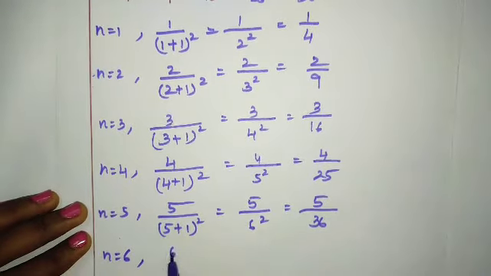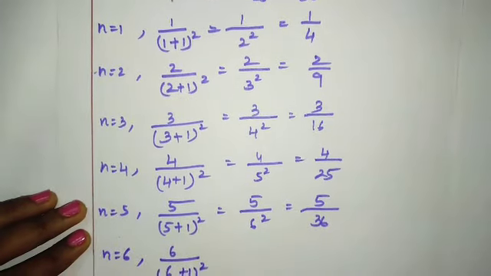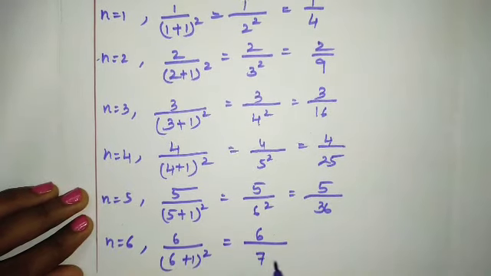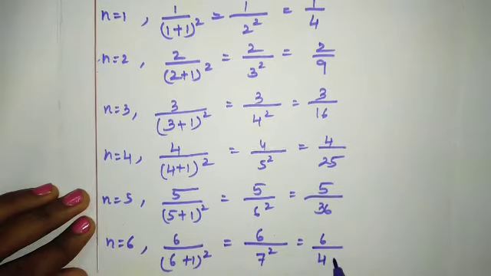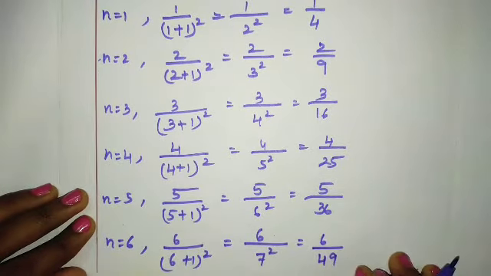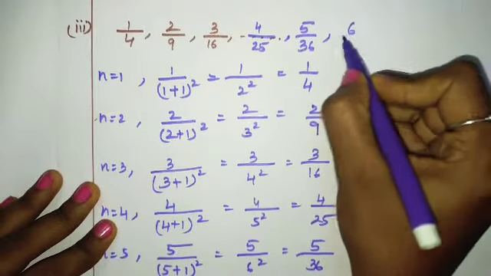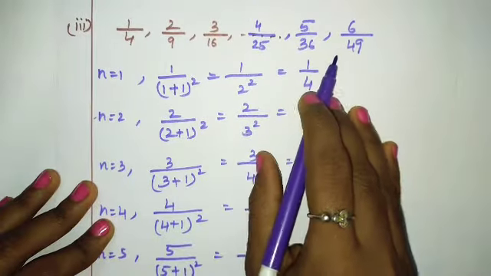That is 6 divided by 6 plus 1 whole square. 6 plus 1 is 7, 7 square is 49. So your next number is 6 by 49. So these are the next 3 terms.